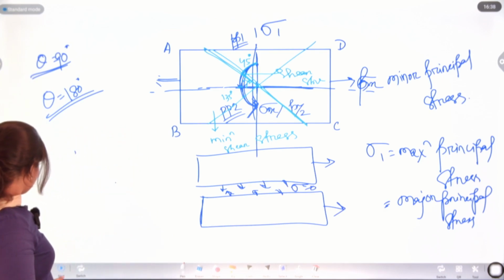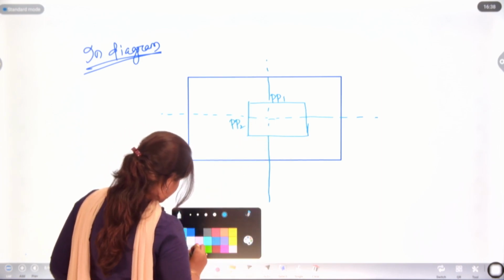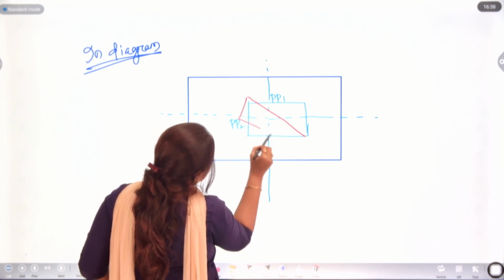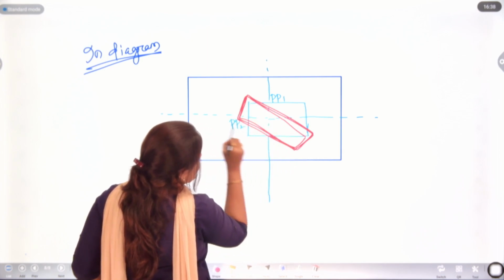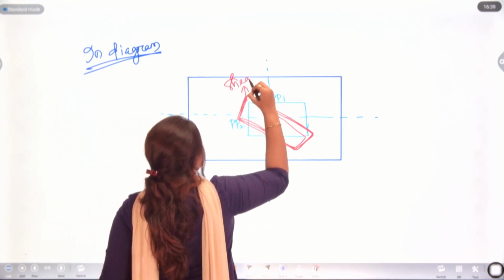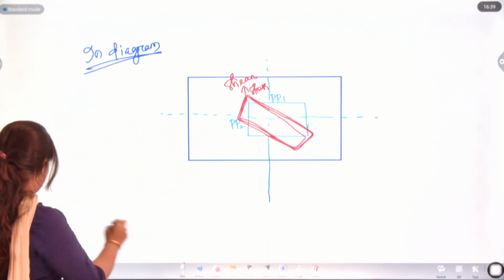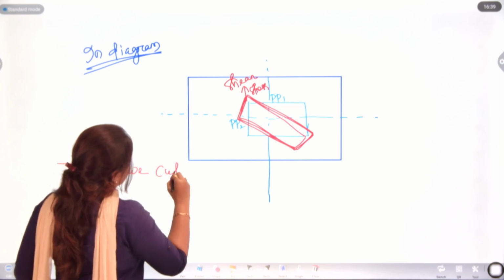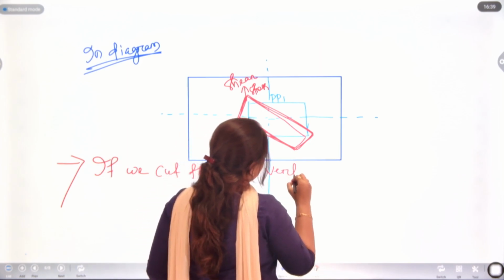Now we will have shear stresses in this direction. If we cut this plane, we will have shear stress.